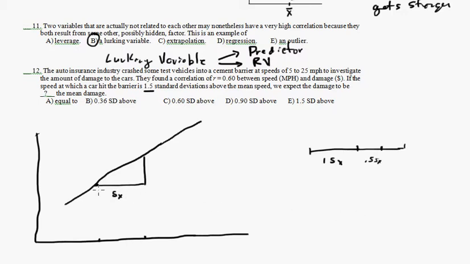standard deviation this way, remember that the slope b1 equals r times sy over sx. So if we go over 1 standard deviation, then we would go up r sy, but r is 0.6.